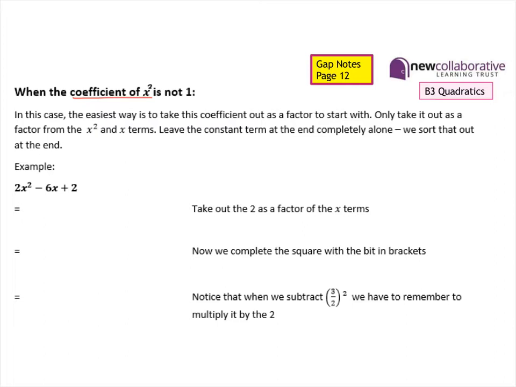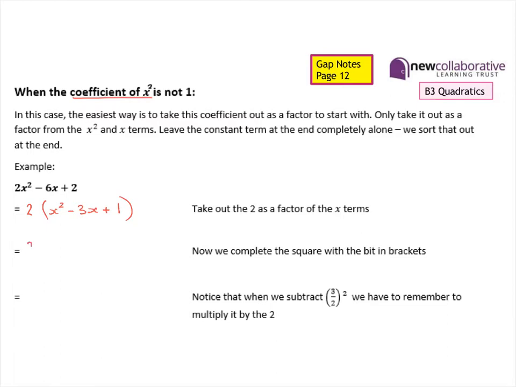So firstly, the first method is that we take our quadratic function, and in this case we've got a coefficient of 2 for the x squared term, so we're going to take out a factor of 2 to leave x squared, subtract 3x, add 1, and then we can complete the square with the part that is inside the bracket.